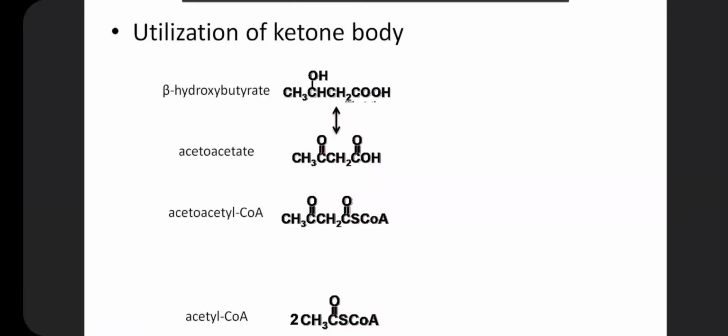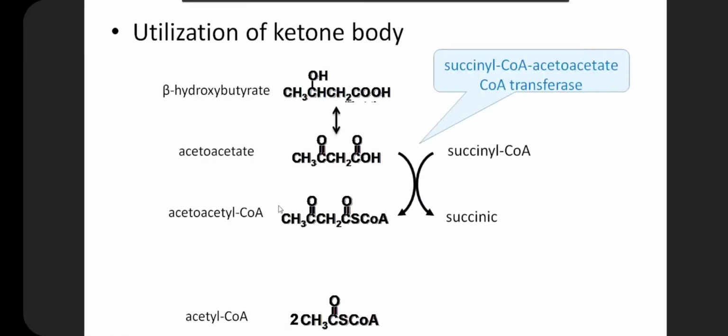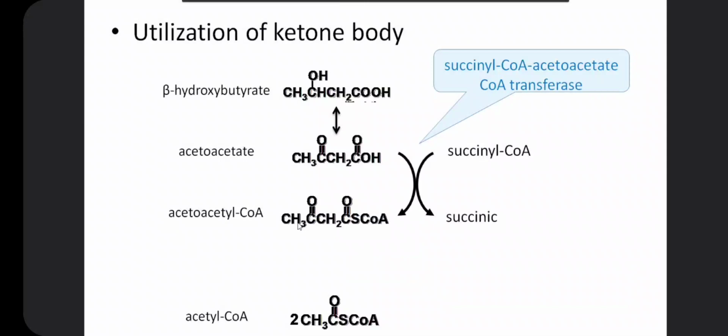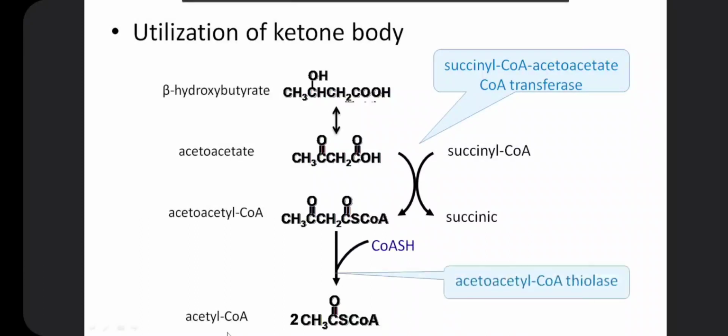That means the ketone bodies can be activated to acetyl coenzyme A, and this reaction is catalyzed by succinyl coenzyme A acetoacetate coenzyme A transferase, and then the coenzyme A is transferred from the succinyl coenzyme A to form acetoacetyl coenzyme A, and then the acetoacetyl coenzyme A is split to form two molecules of acetyl coenzyme A by the thiolase, and then the acetyl coenzyme A can be oxidized in the citric acid cycle.